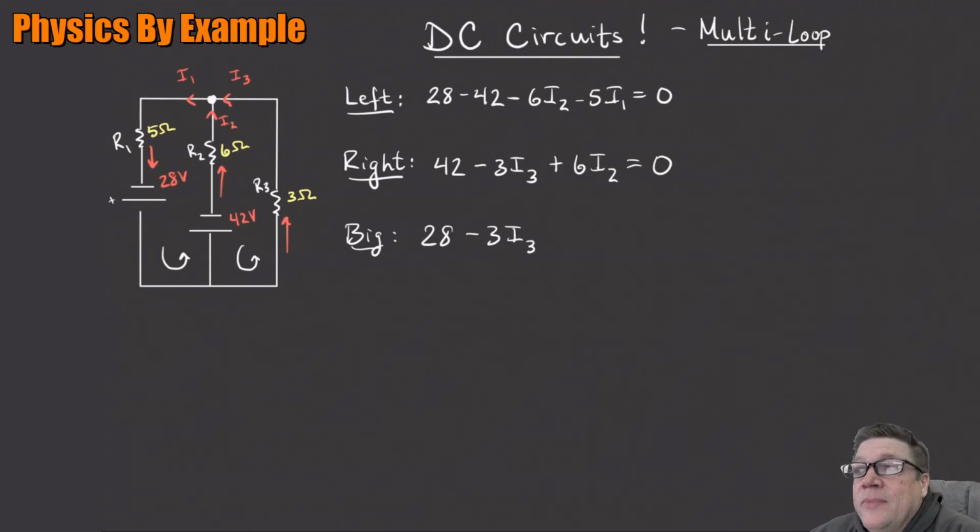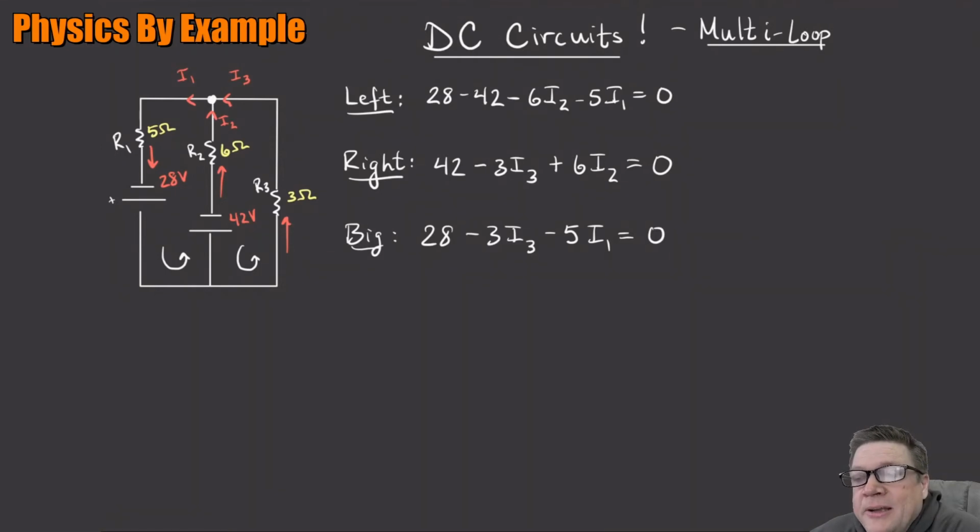I just went through R3, and it's the big loop, so I come all the way around, and I'm going with the current through R1. So I do a minus 5 I1 equals 0. All right, they're my 3 equations, right?